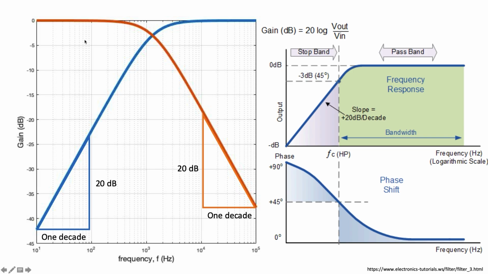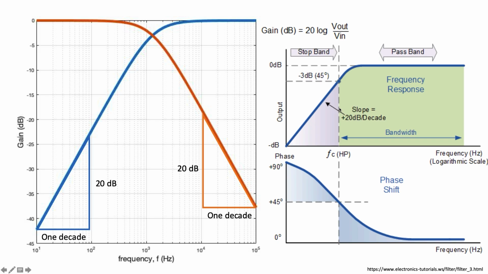The bandwidth is defined as the width of the frequency over which the signal is allowed to pass. It is determined from the cutoff frequency.